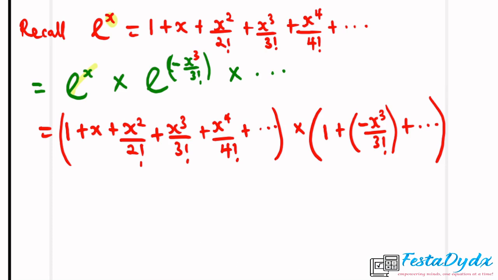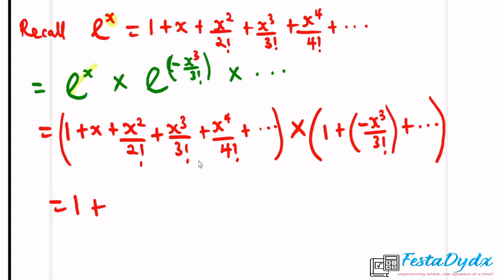Now, this is what we have. So what I'm going to do now is start clearing this bracket. We have to start multiplying. We have to multiply this by this. Let's start with the first thing we have: 1 times 1, which is 1, plus x times 1.